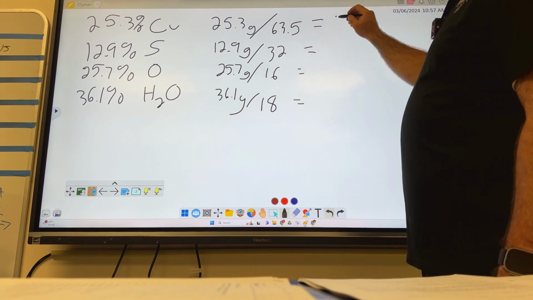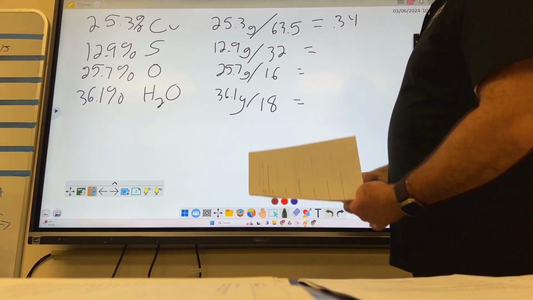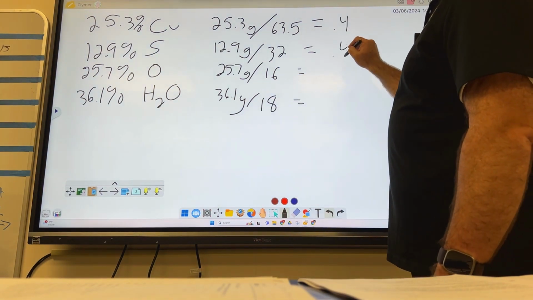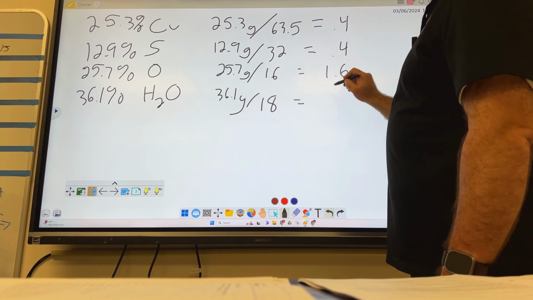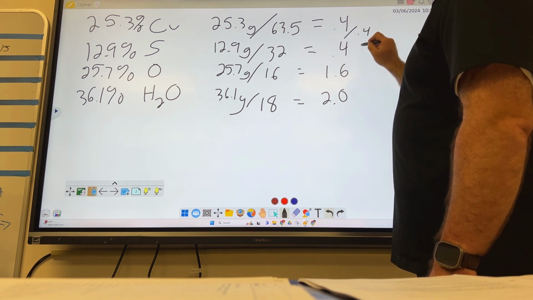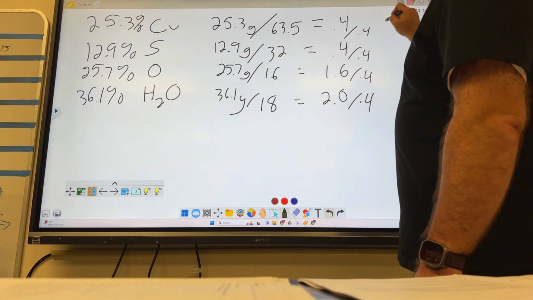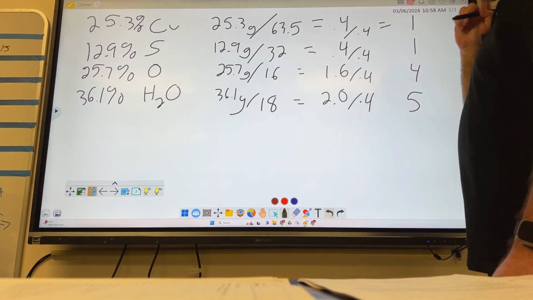No, 0.39 or 0.4, whatever. Just do 0.4, 0.4, 0.4. This one's going to be 1.6, and this will probably be 2.0. Divided by 0.4, divided by 0.4, divided by 0.4, divided by 0.4. 1, 1, 4, and 5.